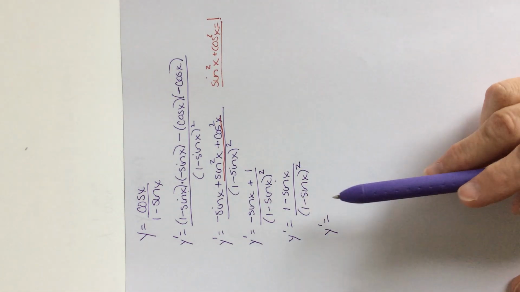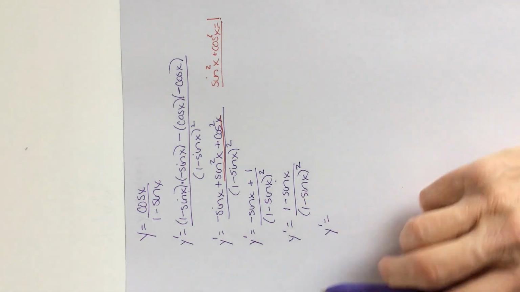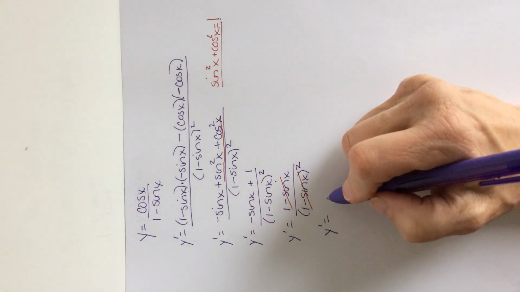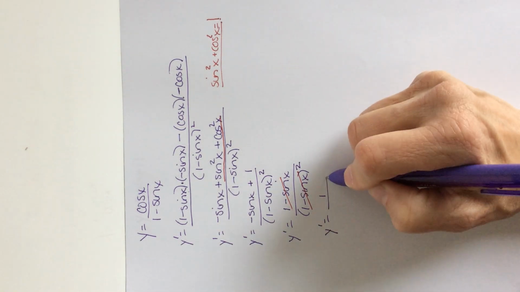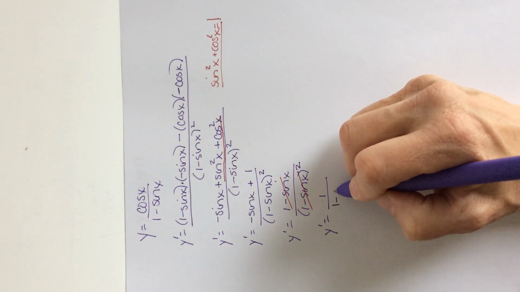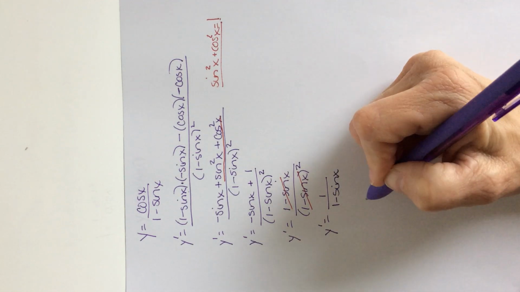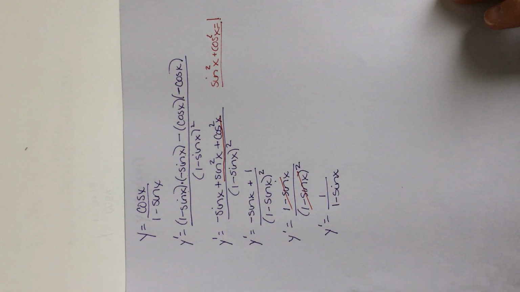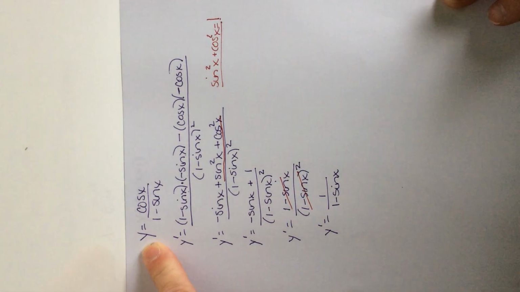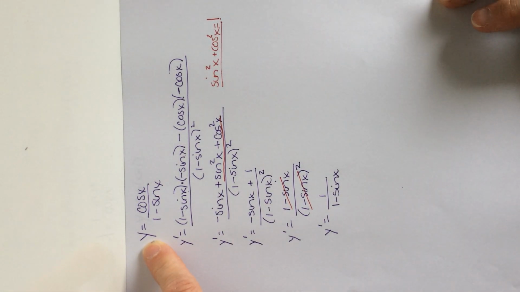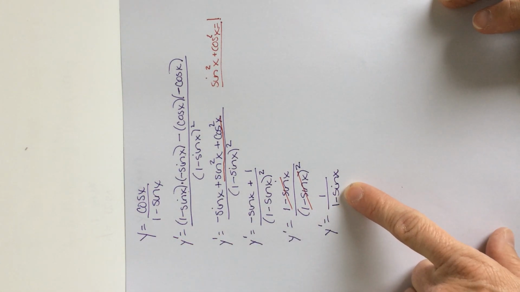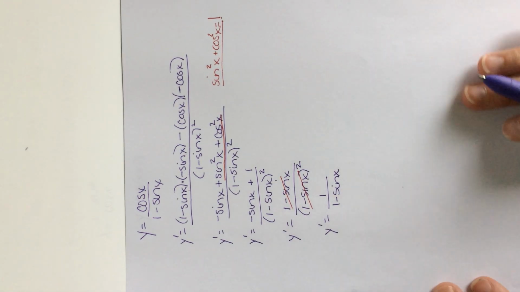Because the two binomials are identical, they can be canceled, and you're left with 1 on top divided by 1 minus sine of x. So there's your derivative of y equals cosine of x over 1 minus sine of x: y prime equals 1 over 1 minus sine of x.